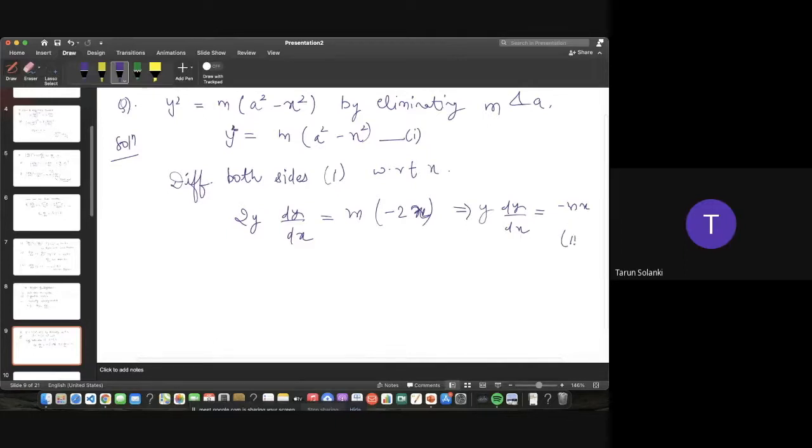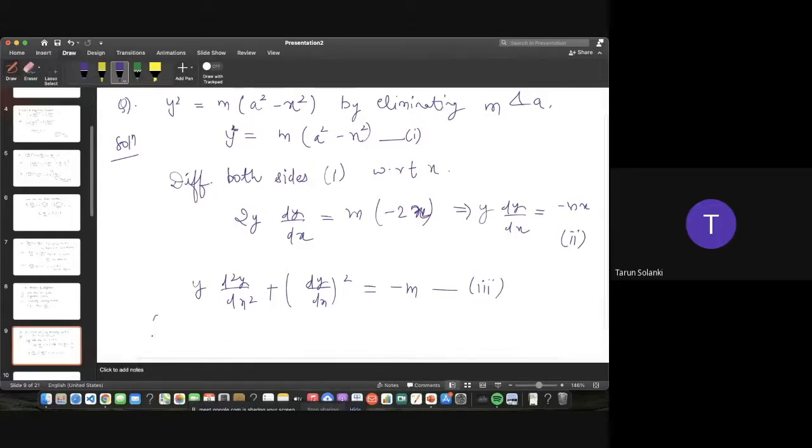Let it be second. Now differentiating both sides of second, it will be y d²y/dx² plus (dy/dx) whole squared equals minus m. This is equation third.